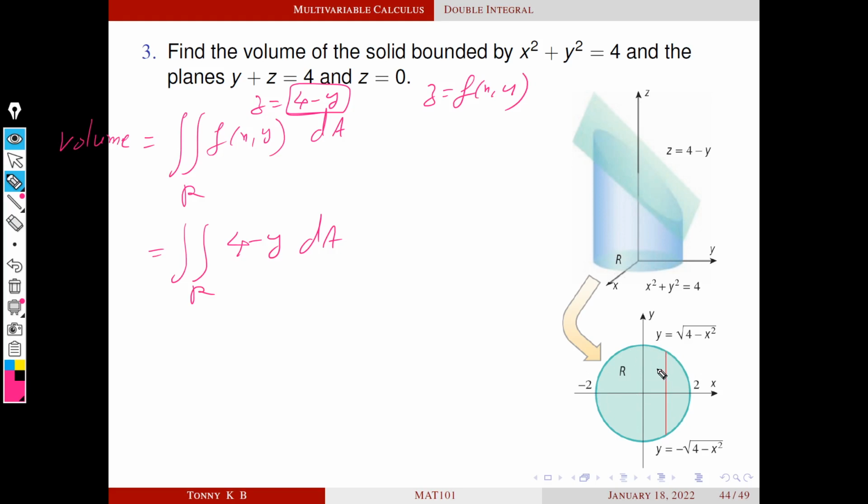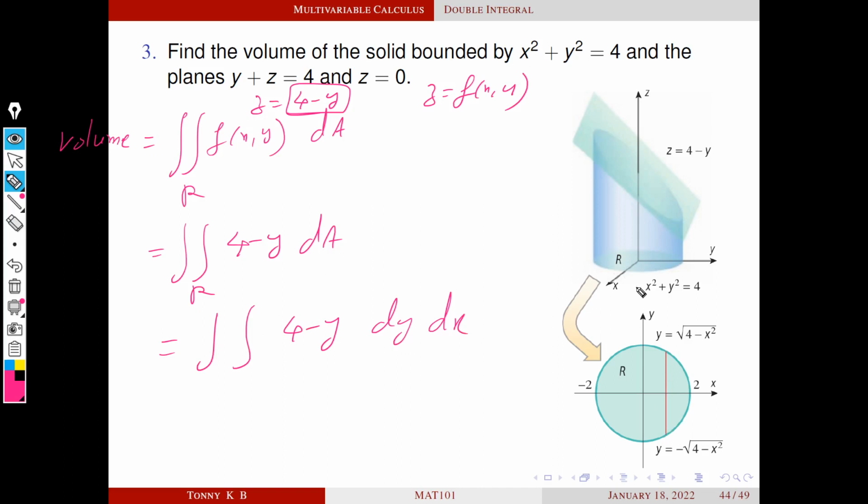Either we can use Cartesian rectangular coordinates or polar coordinates. Suppose we use Cartesian coordinates, then what are the limits? Suppose I am going to integrate in the order dy dx. You consider a strip like this, and what is the lower value of y?